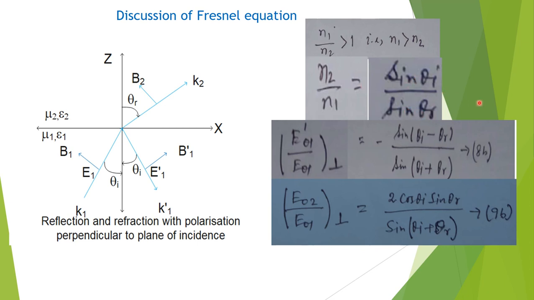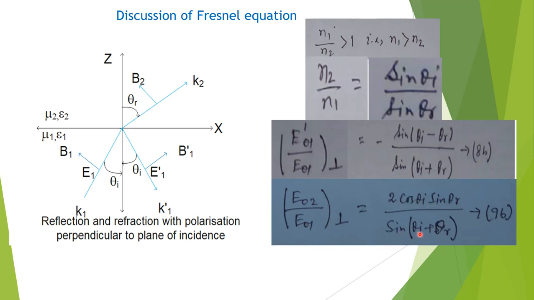In that case, n2/n1 = sin θi / sin θt is less than 1, that is θi is less than θt. Then this term is positive, so the ratio is always positive, and there is no possibility of a change of phase.